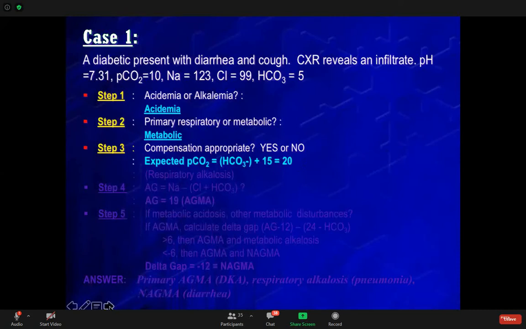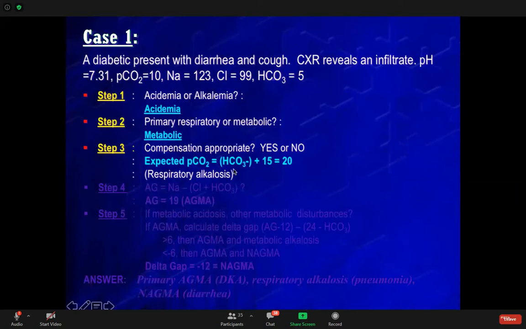طيب آخر step عندنا دائما نحسب. So it's a metabolic disorder. You want to calculate your anion gap. So what is your anion gap هنا؟ So أعطني المعادلة بس مو لازم تعطيني الرقم. أنا بعطيك الرقم. كيف تحسبها؟ I don't remember it, Doctor. No. Sorry.